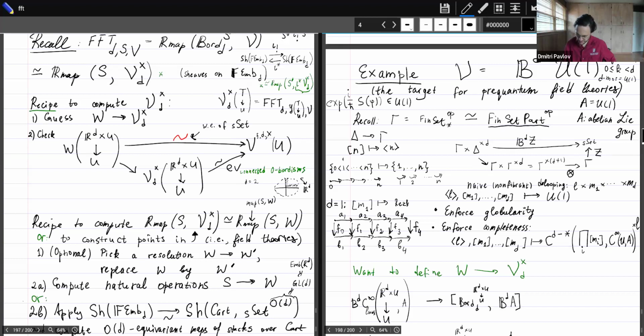Yes, that's exactly right. In fact, I should have mentioned this. It appears, of course, as a first argument, the Cartesian space. Sorry about that.